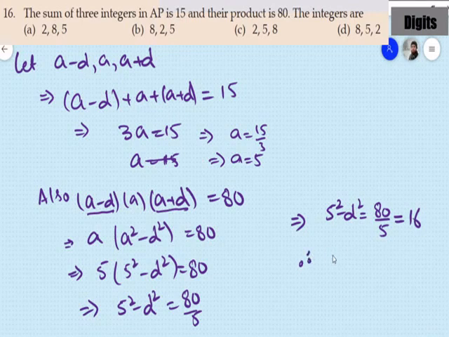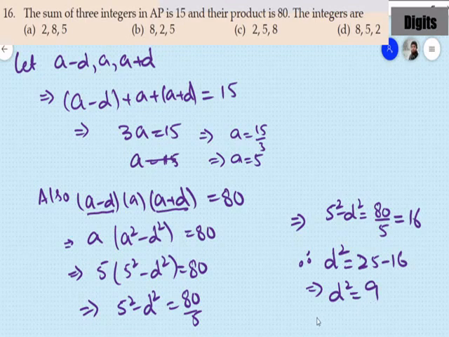Therefore D square is equal to 25 minus 16. It implies D square equal to 9, which implies D equal to plus minus 3.